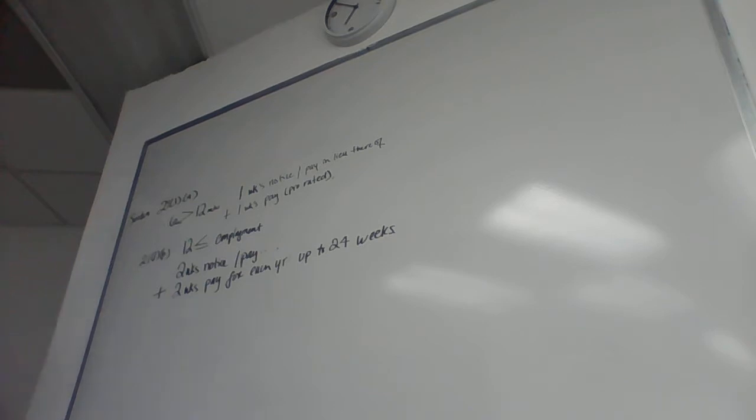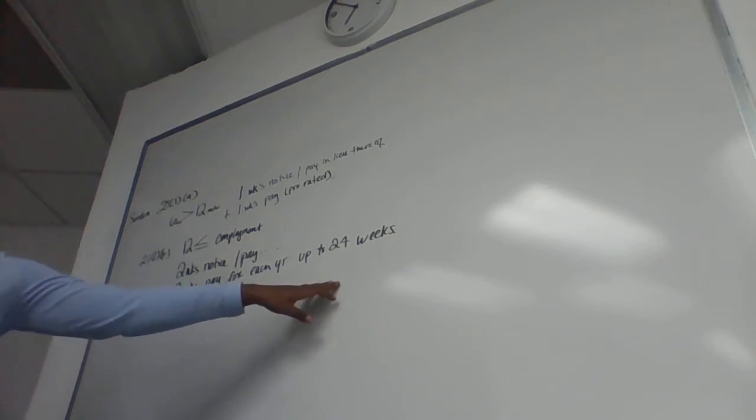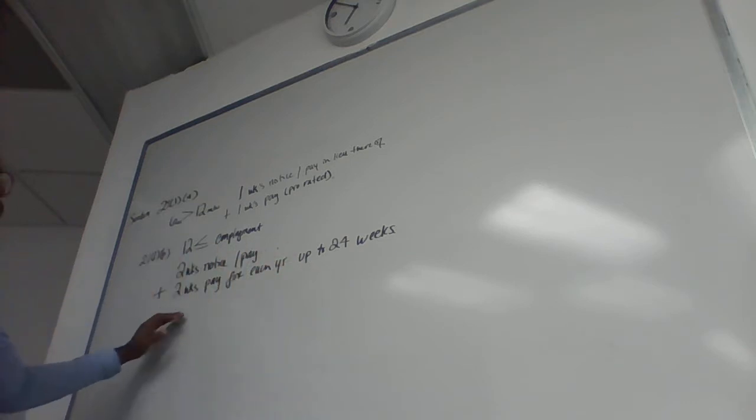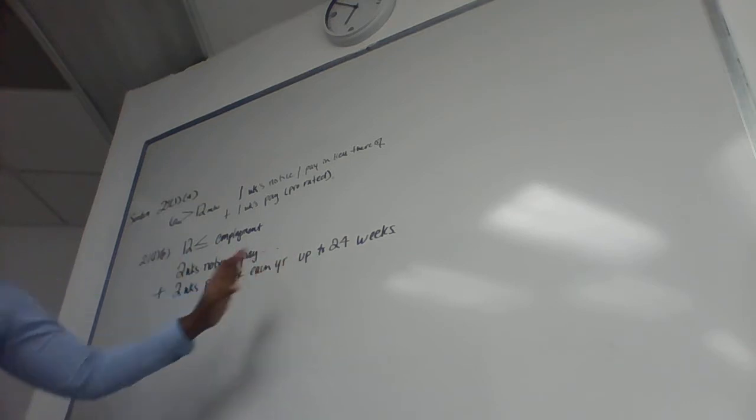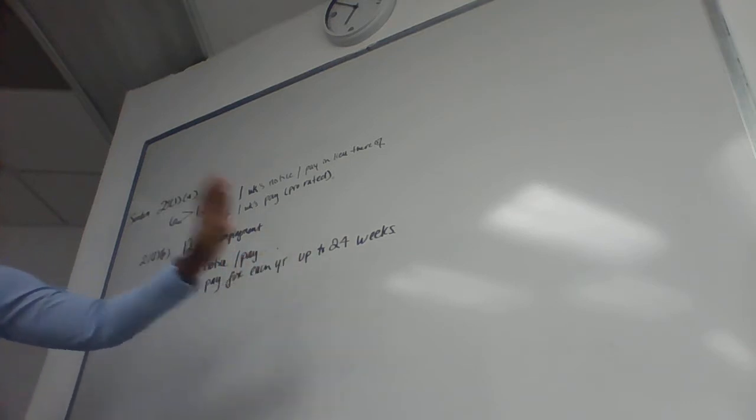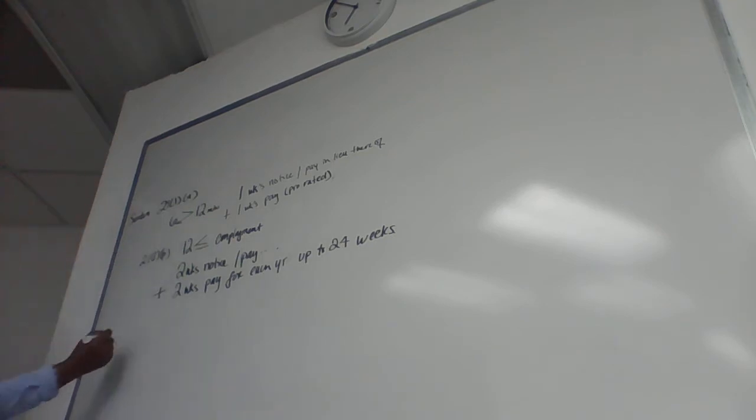So that means the maximum pay you could get is for a person who has been working for 12 years. Because the cap for this part is up to 24 weeks, because you get 2 weeks for each year up to 24 weeks. This is how you count it. Let's say each stroke represents a year, right?